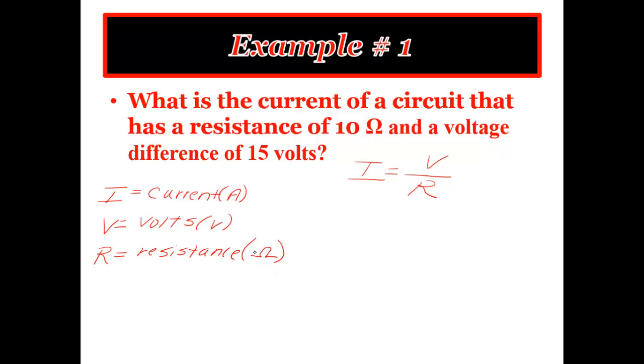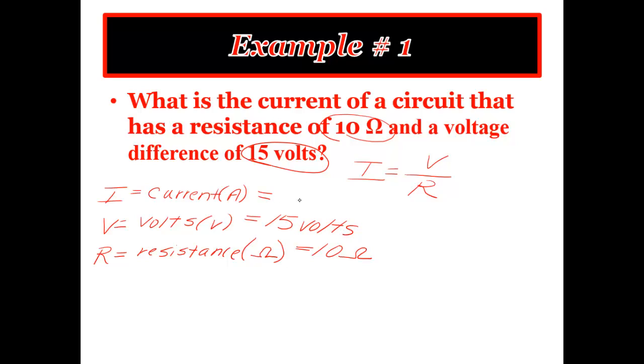All right, let's look at our problem. What is the current of a circuit that has a resistance of 10 ohms and a voltage difference of 15 volts? So our resistance is 10, and a voltage difference of, I'm sorry, 15 volts. I think I said 10 again.